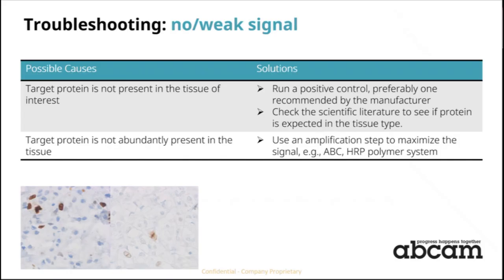And if your target is present in your sample but is expressed in low amount, you may need to include an amplification step, such as using an HRP polymer system, or try coupling it to the brightest fluorophore available for fluorescence detection. As a general rule of thumb, if you are using fluorescence detection, you should always use the brightest fluorophore for the least abundant protein, and vice versa.